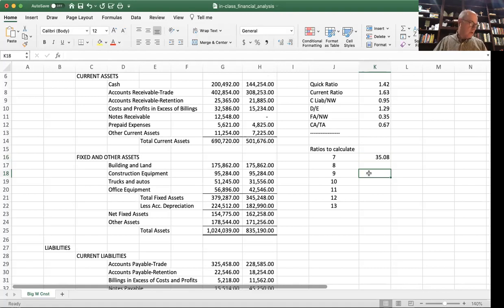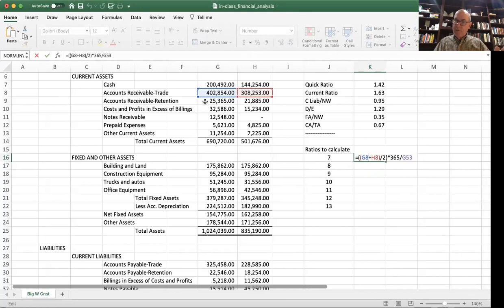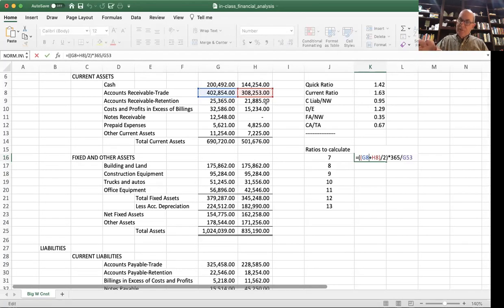So for 9, which is collection period with retention, you'll do the same thing, but in your average, instead of just the 402 and the 308, you'll include 402 plus the 25, that's one term, and 308 plus 21, that's the other for the previous year.